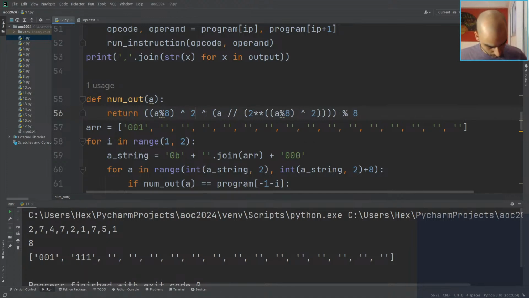So we've got A%8, 2, and then here we've got A divided by 2 to the power of A%8, XOR 2. And then XOR 3.